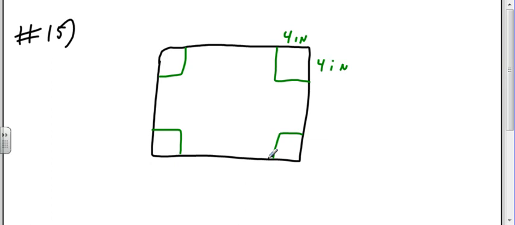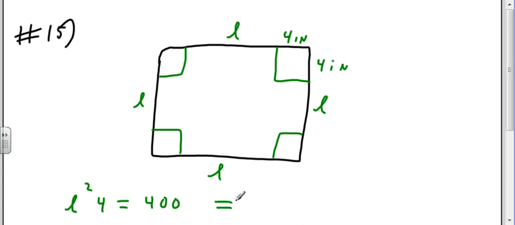Okay, so I've got some L here, and some L there, and some L there, and some L here. So L squared times 4 is 400. Yeah, 400.